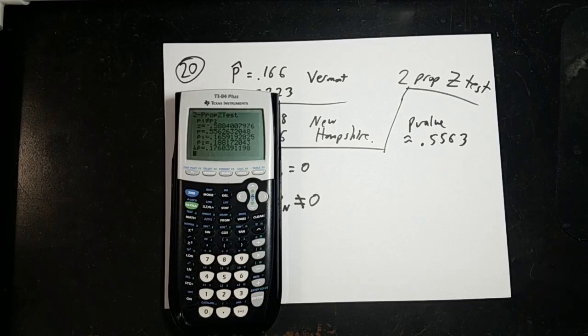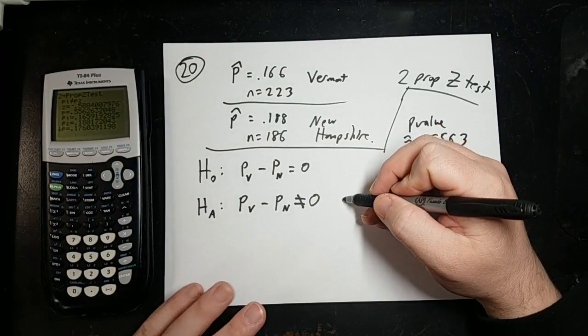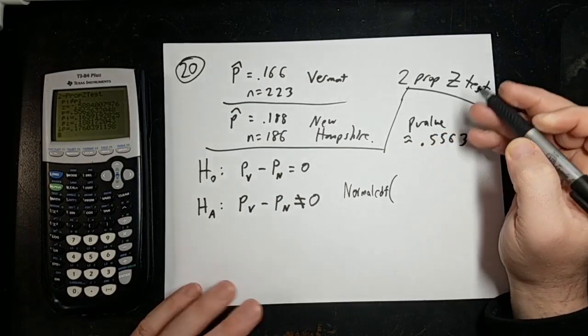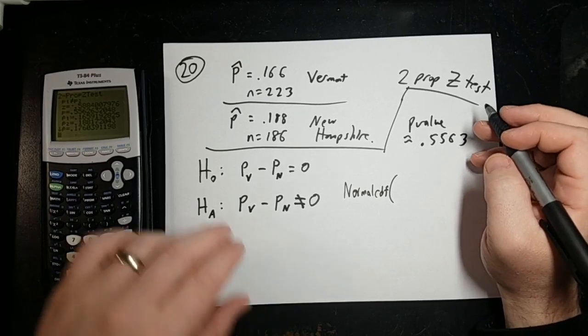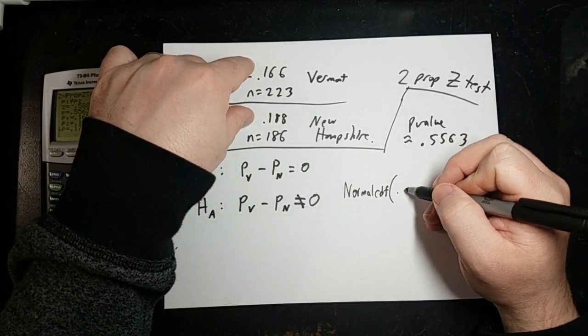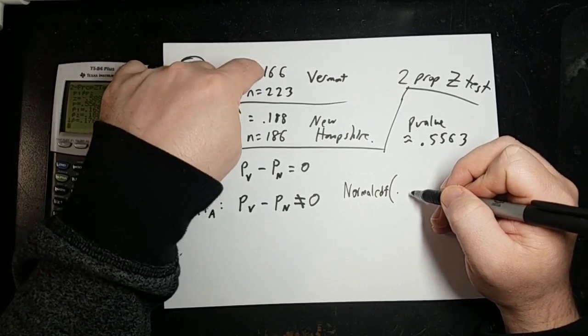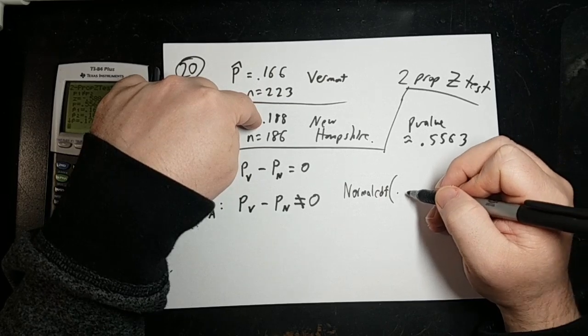Now, again, if you were going to do this by hand, this is a bit cumbersome. I'm not going to show you the full calculation of it by hand, because that would be crazy. But if you were going to do it, you would be looking at the difference between these two. If you did that in this order, 0.166 minus 0.188, it would be a negative number.